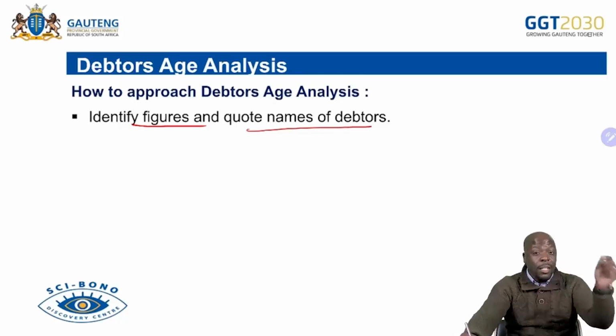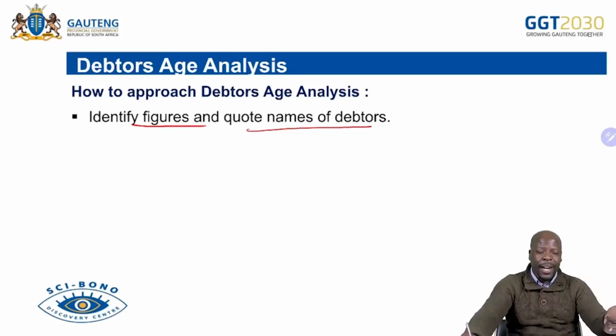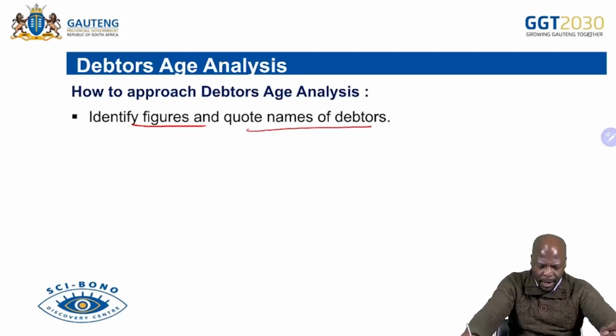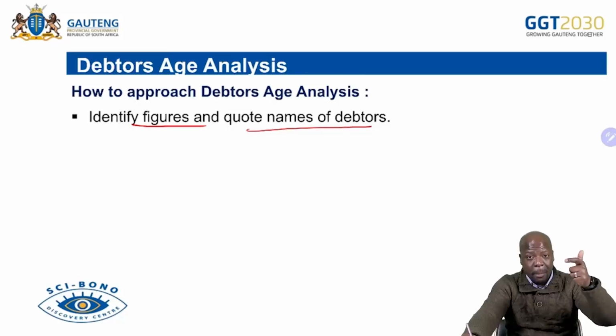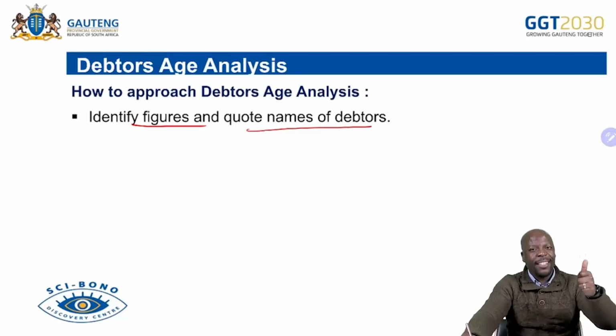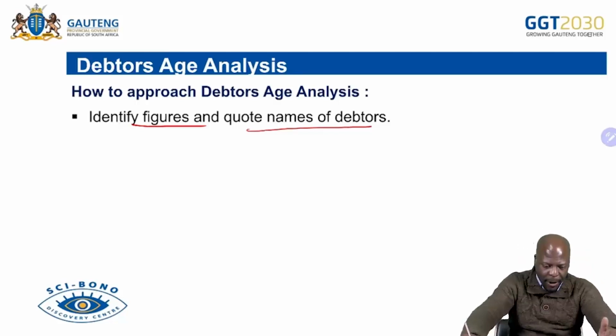Which debtor is defaulting? Is it in terms of credit limit or is it in terms of slow paying? You have to identify figures and names. Remember, figures and names. These two go together. I'm going to say it again until you remember it. Figures and names. All right, let's go on.